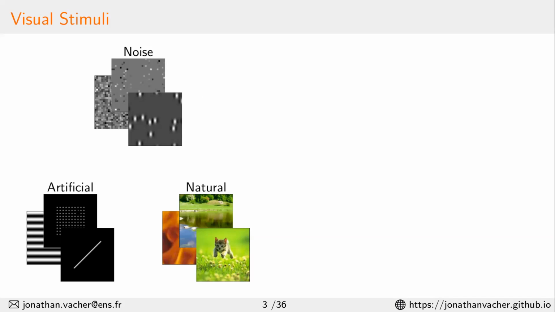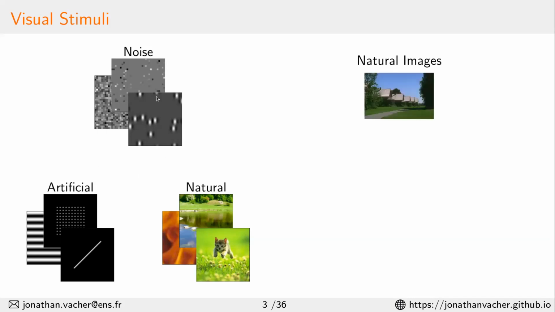So you see that you go from simple things to random things and to highly complex images. So there is a need of modeling everything. Here, we define the pixel value. Okay, this is well understood. Here we can define a probability distribution, but here it's getting more complex. And so there is room in between all of these stimuli.